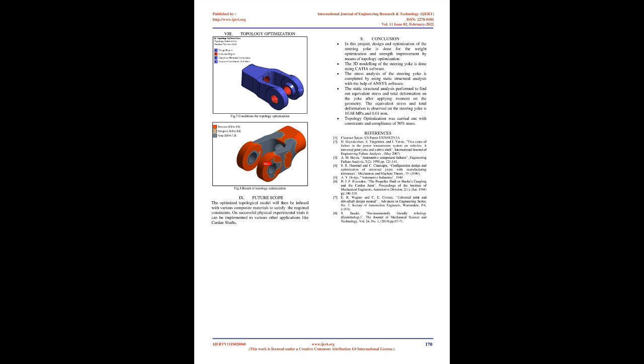The static structural analysis was performed to find out equivalent stress and total deformation on the yoke after applying a moment on the geometry. The equivalent stress and total deformation observed on the steering yoke are 10.68 MPa and 0.01 mm. Topology optimization was carried out with constraints and compliance of 50% mass.